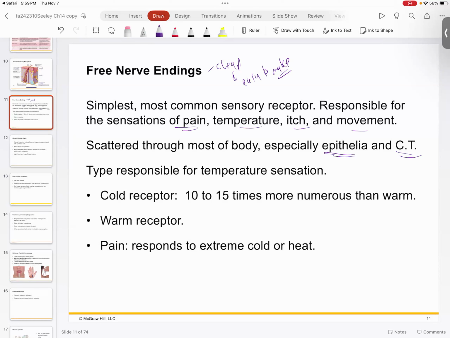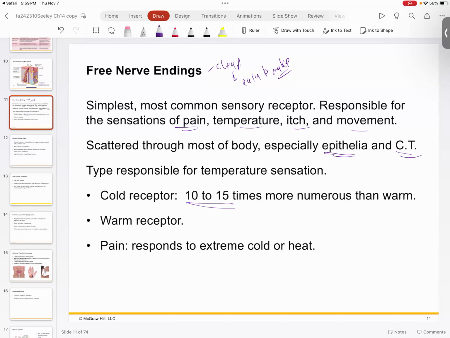And so this is going to be where your temperature sensation is coming from. For instance, we oftentimes refer to these as cold receptors and warm receptors. We oftentimes have a lot more cold receptors out there than warm, and so we can sense a lot of cold, not so much warm.